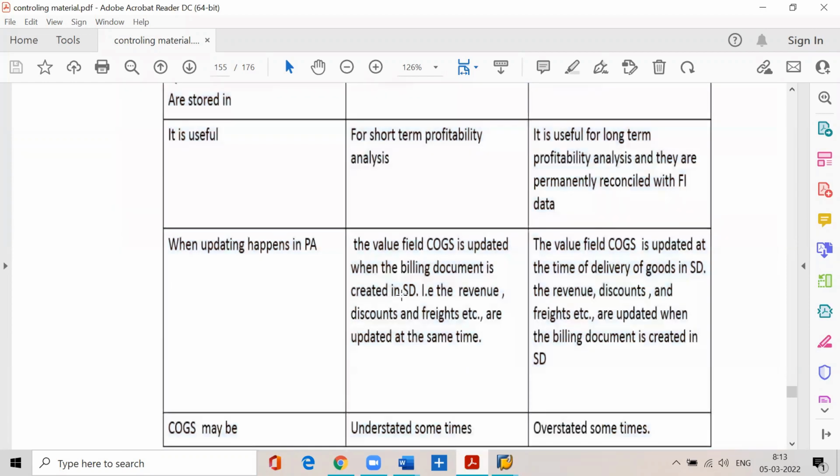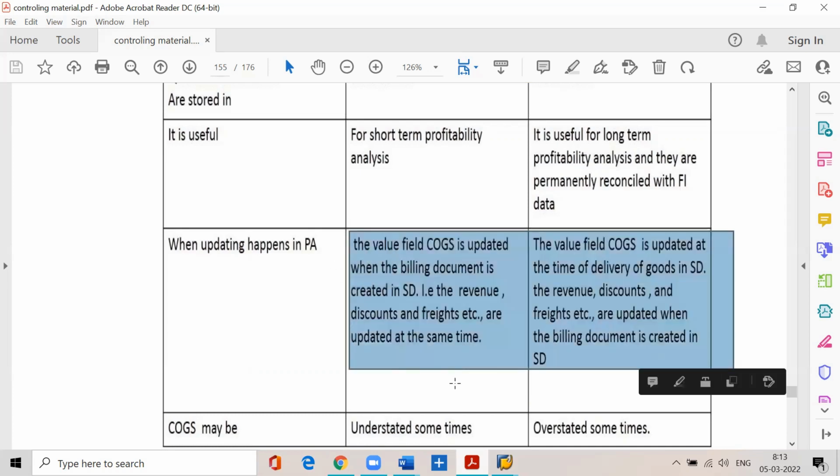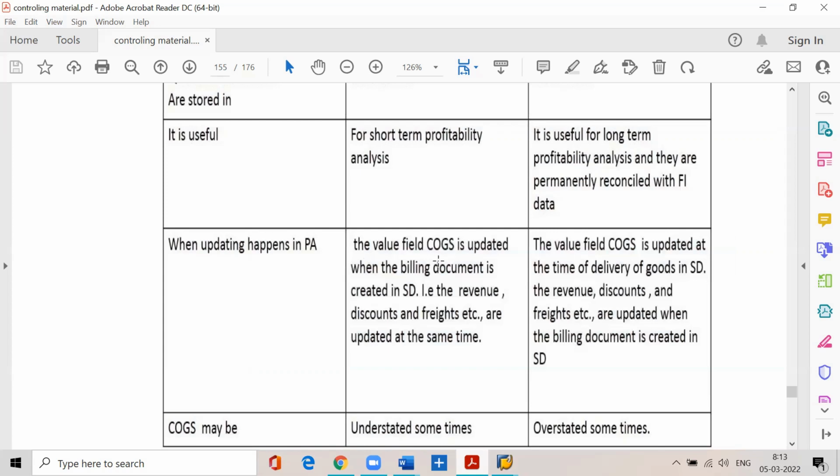Here, profitability analysis is closely related to the SD module. So for the time being, remember these points. What is a billing document? That we will discuss in SD integration. But for the time being, just remember these 2 points. The value field COGS is updated when the billing document is created in SD.